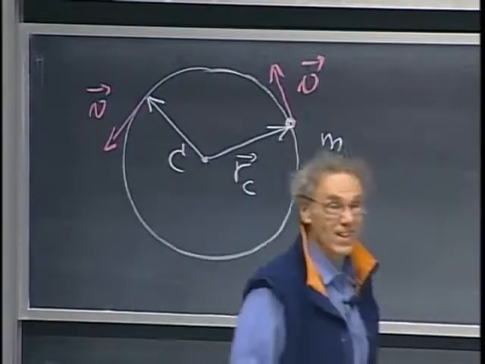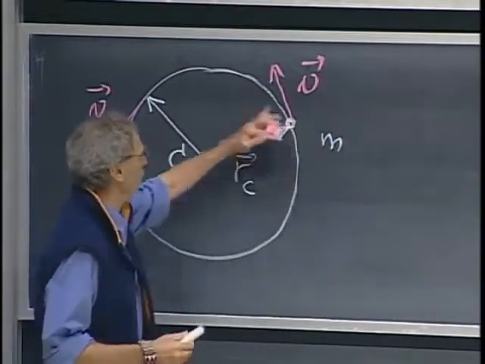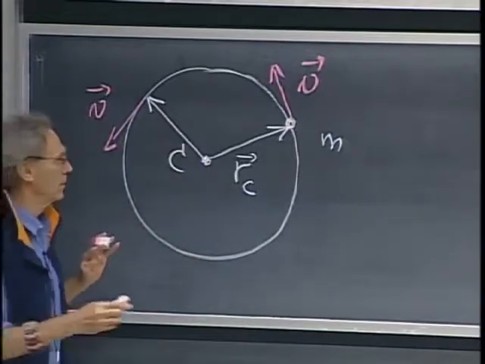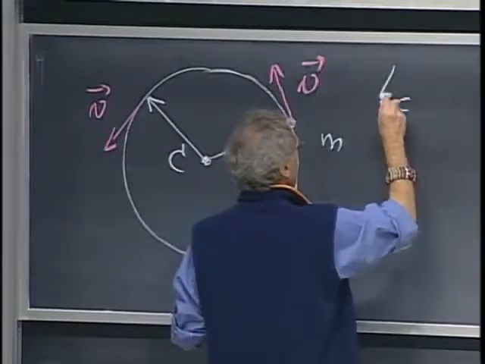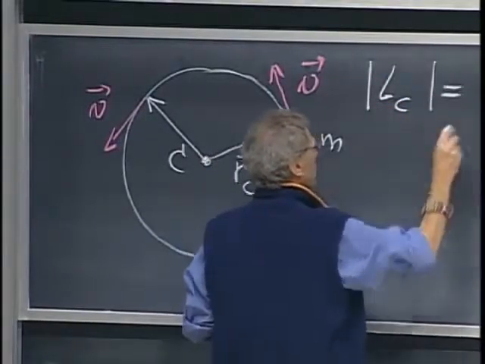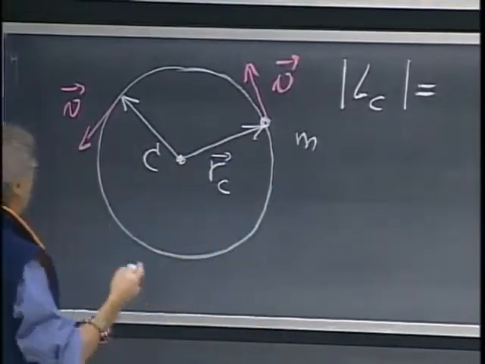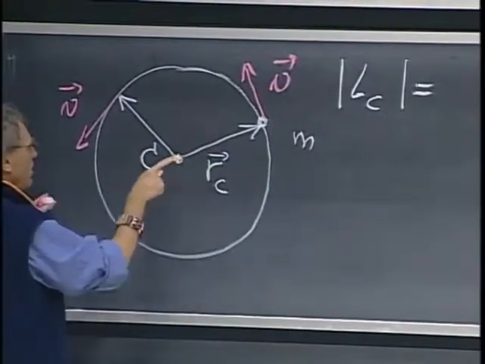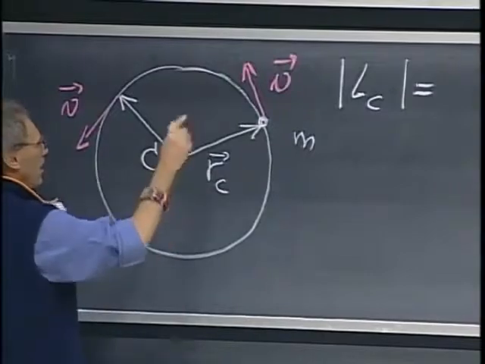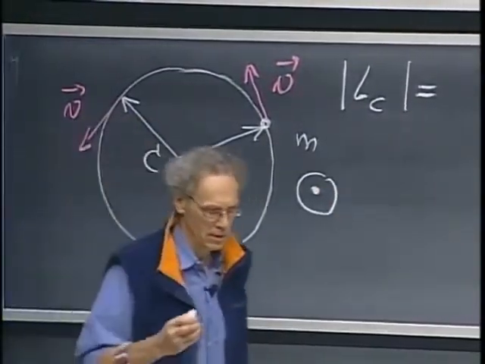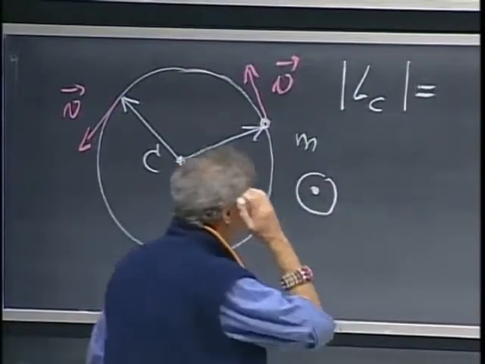What now is the angular momentum of the Earth going around the Sun relative to point C? I pick C now. Well, I'm only worried about the magnitude, because the direction is immediately obvious: if the object is going around like this, then the direction will be pointing out of the blackboard.